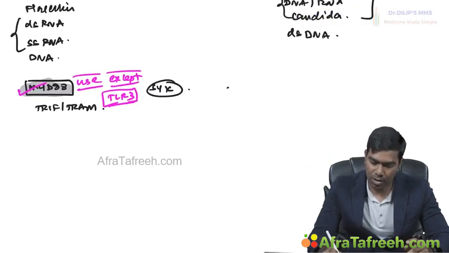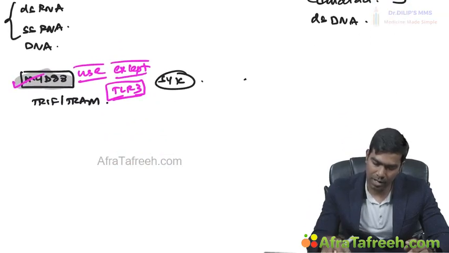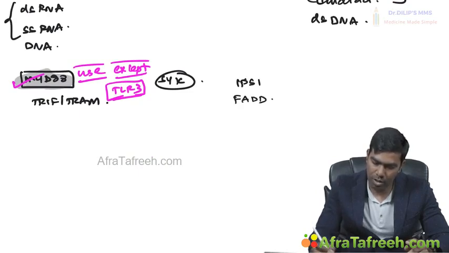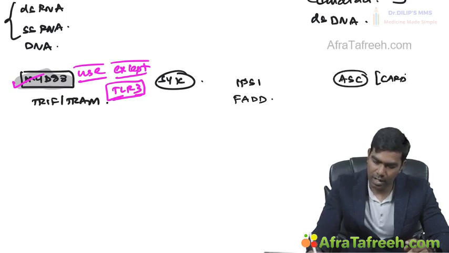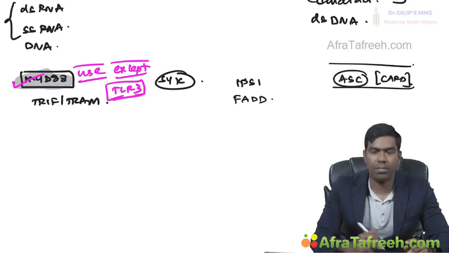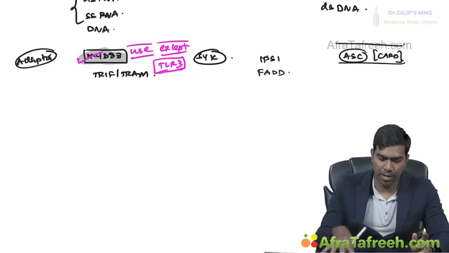Then the adapter for RLRs will be IPS1 and FADD, not again important. And here the important adapter is ASC, which contains the CARD domain. This is the most important adapter, ASC and the CARD domain, because ASC is the one that is going to bind with pyrin. Mutation of pyrin, not deficiency, is what we call familial Mediterranean fever.